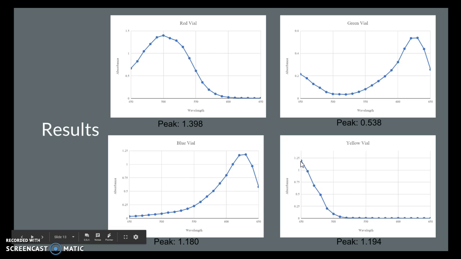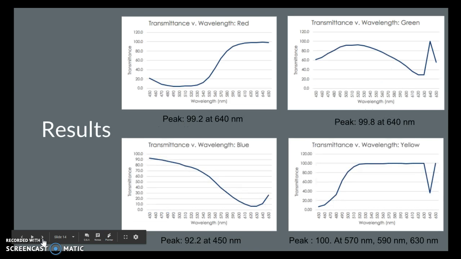Now the yellow, which is kind of odd, ended up absorbing a lot of the beginning of the visible light spectrum, the ultraviolet and stuff like that, and just completely reflected everything else as we continued up. On the other side of that, how much was transmitted through?